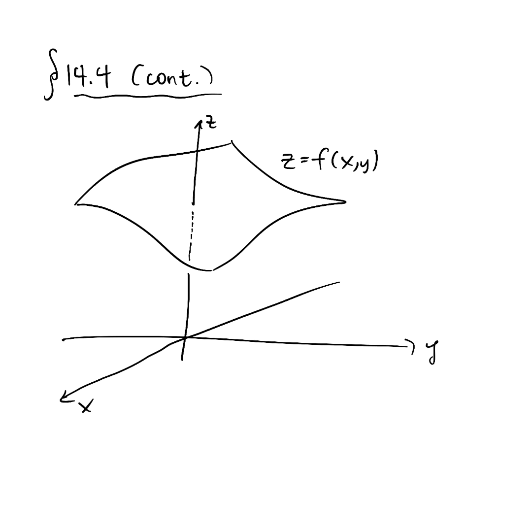Only in this picture, we are only considering points on the surface where x is cos t and y is sine t. So we're looking at the surface, but x and y, which are the independent variables for z, themselves depend on t.